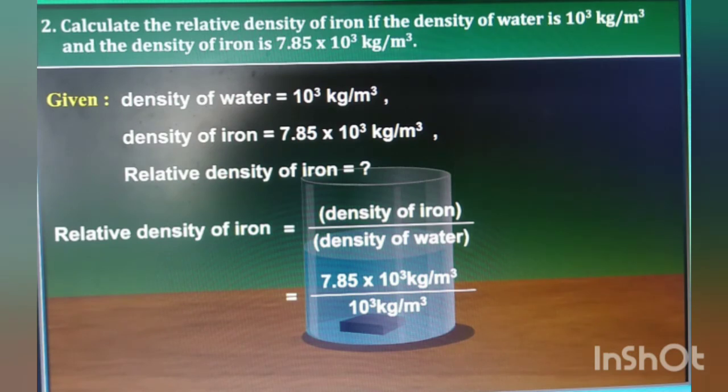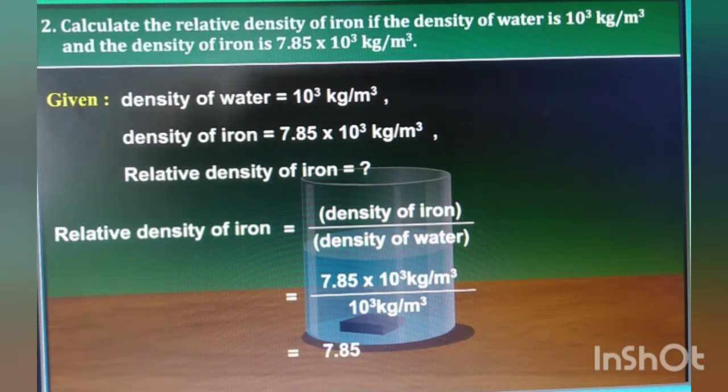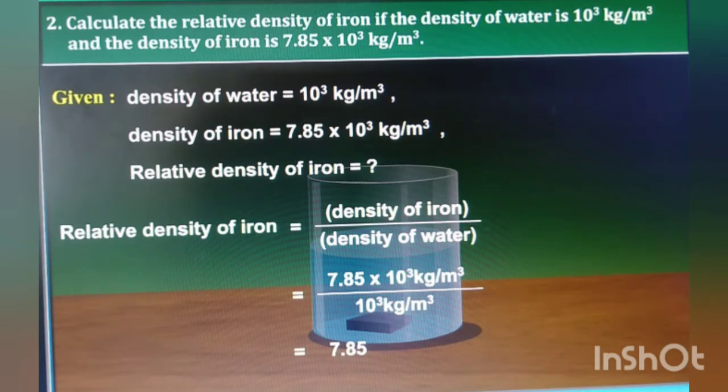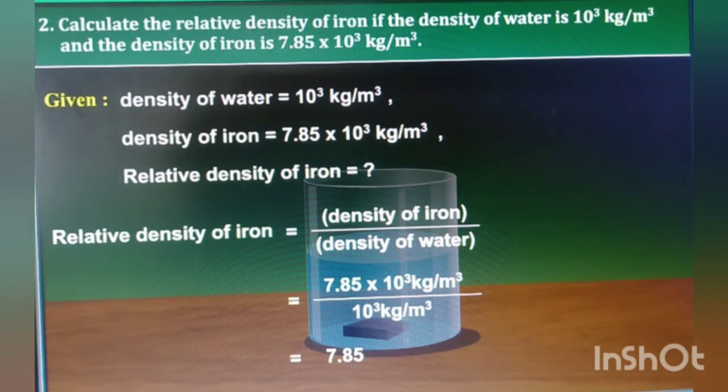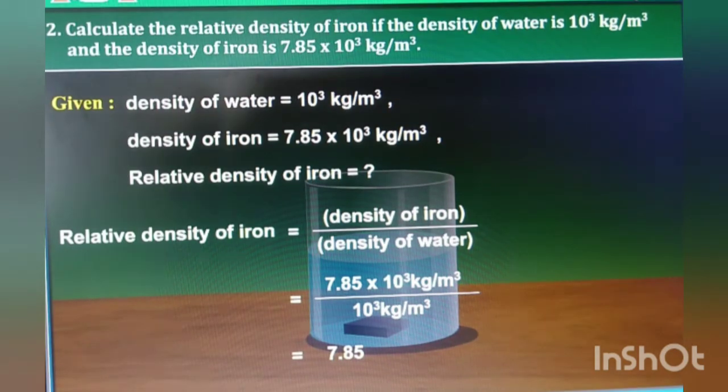So what is the relative density of iron? Relative density of iron is equal to density of iron upon density of water, which is equal to 7.85 into 10 raised to 3 kg per meter cube upon 10 raised to 3 kg per meter cube, which is equal to 7.85.